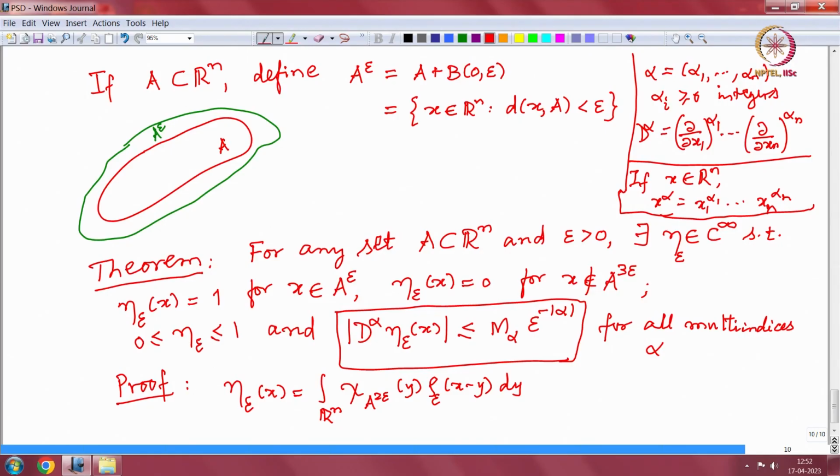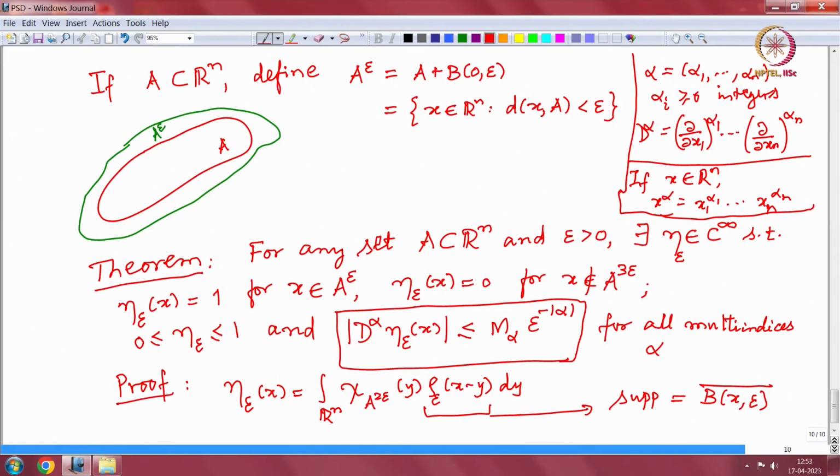Even if A is an infinite set, since the support of this function is equal to B x epsilon closure, the domain of the integral is always a compact set.